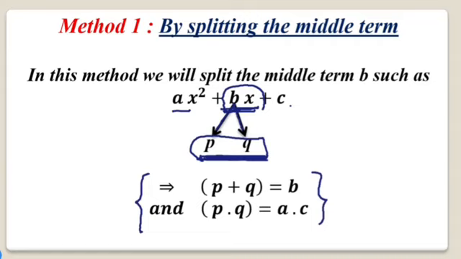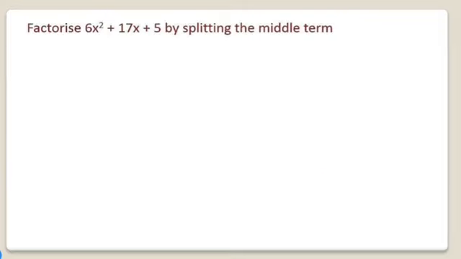Now let's take one example, you will understand better. Factorize 6x square plus 17x plus 5 by splitting the middle term. I will repeat it once again. Factorize 6x square plus 17x plus 5 by splitting the middle term.